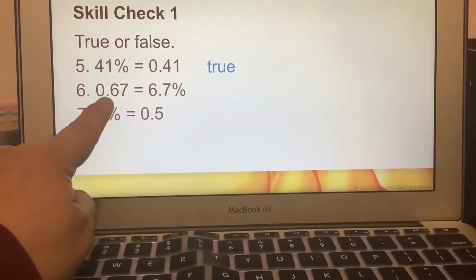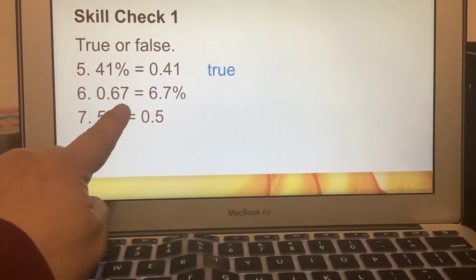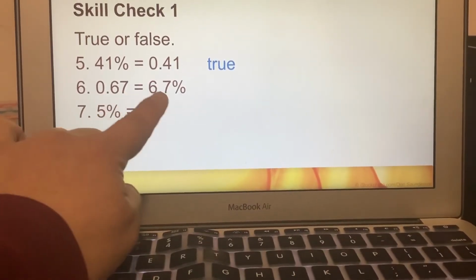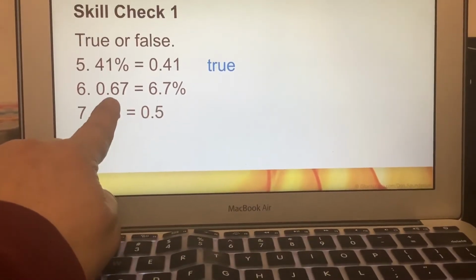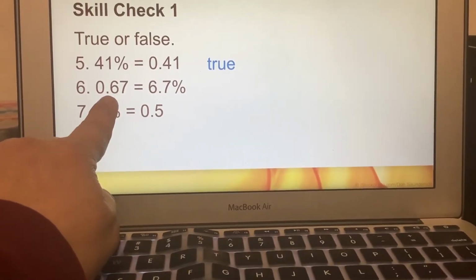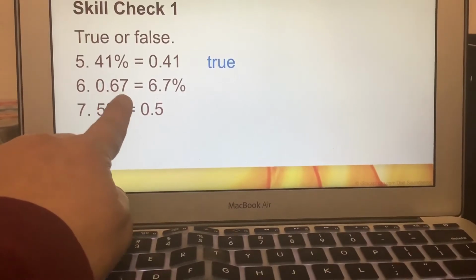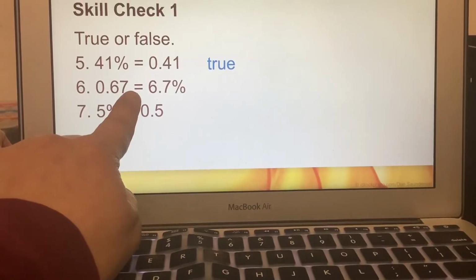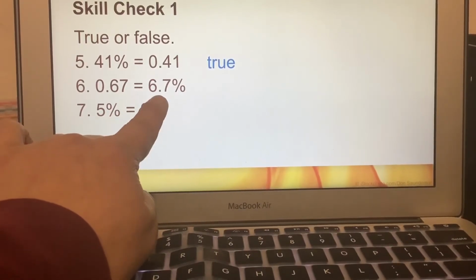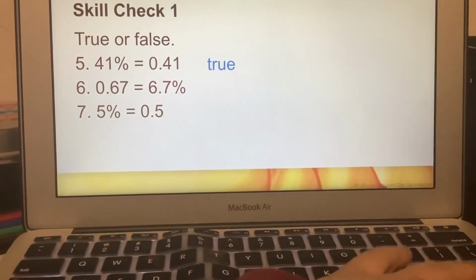Now, if I have 0.67, does that equal 6.7%? If I have a decimal, I'm supposed to move it over 2 places, 1, 2, to get a percent. That means it becomes 67%. So this 6.7% is false.